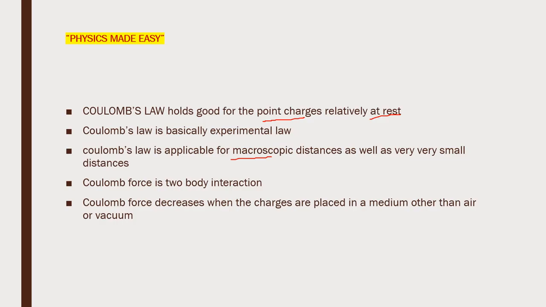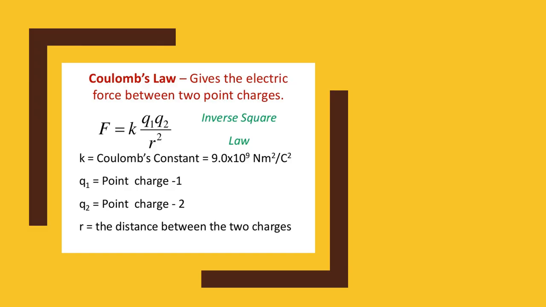Coulomb's force is a two-body interaction, like it interacts between two charges. Coulomb force decreases when the charges are placed in a medium other than air or vacuum. So Coulomb's law gives the electric force between two point charges, and this law follows the inverse square rule.